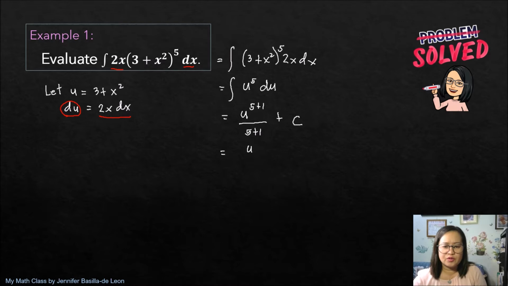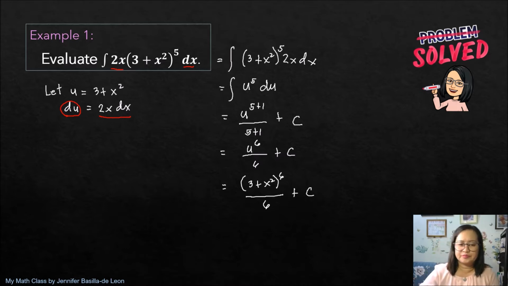Simplifying, we will have u raised to the sixth power over 6 plus c. Now let's replace u with 3 plus x squared. So we will have 3 plus x squared raised to the sixth power over 6 plus c. That's the antiderivative of 2x times the quantity 3 plus x squared raised to the fifth power.